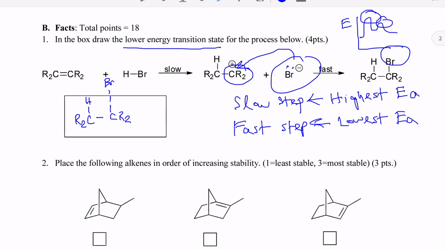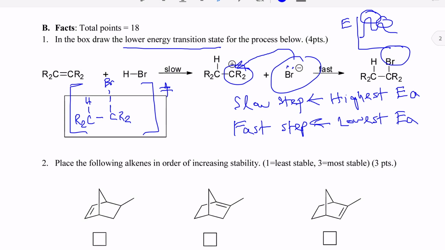Now we're almost finished, but we also know that when we're drawing these transition structures, we have to include the partial charges. So which atom has a partial positive charge and which atom has a partial negative charge. So I'm just going to draw the box indicating the transition state, and there's the double dagger sign indicating the transition state.